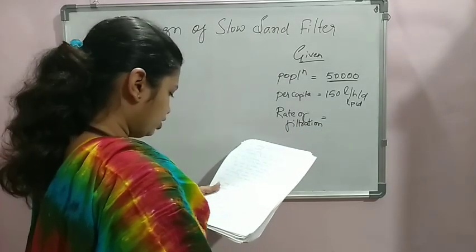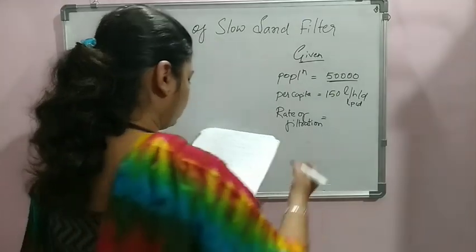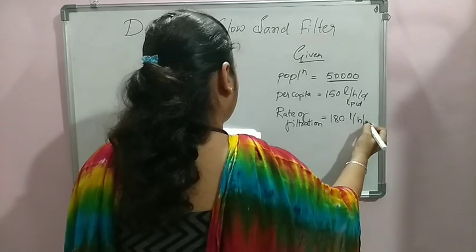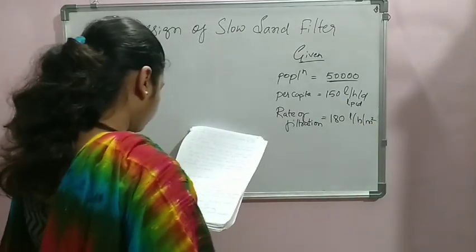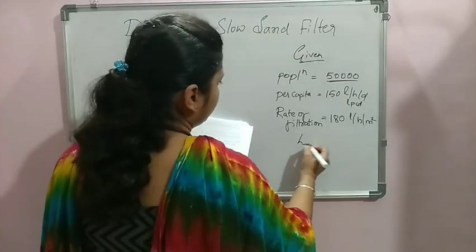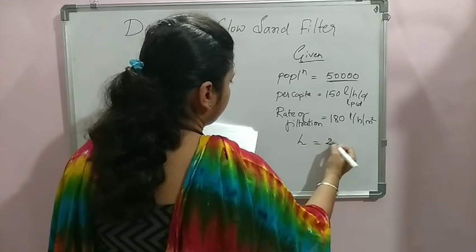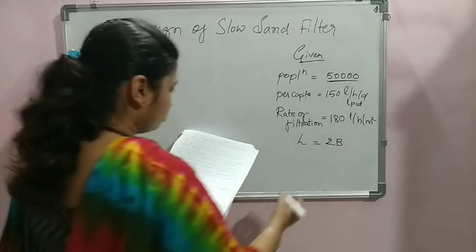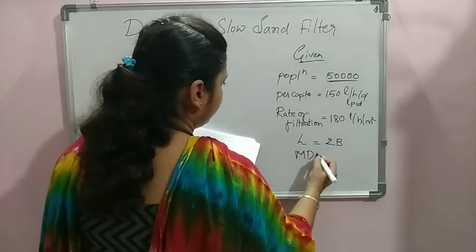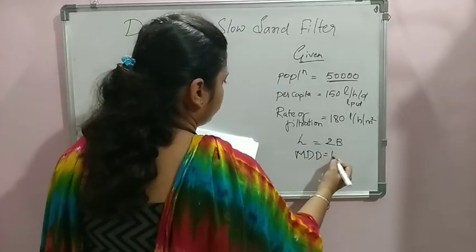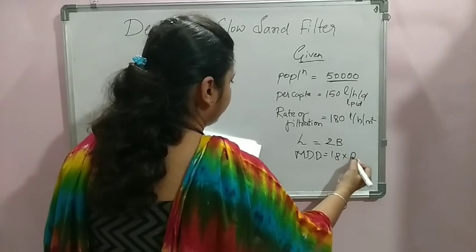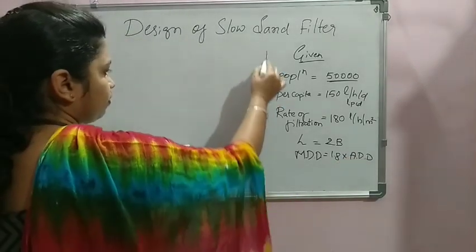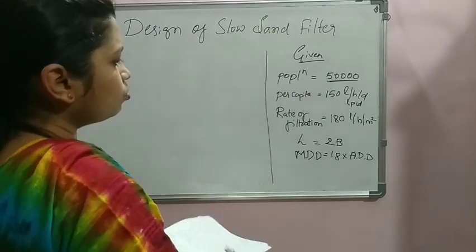Rate of filtration they have given as 180 liters per hour per meter square, and then they have given length is equal to twice the breadth. This is the condition they have given, and they have given maximum daily demand is equal to 1.8 times the average daily demand. This is the complete given data that is available for us to design.